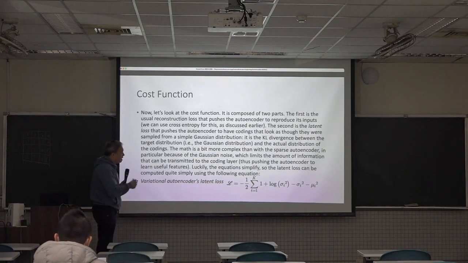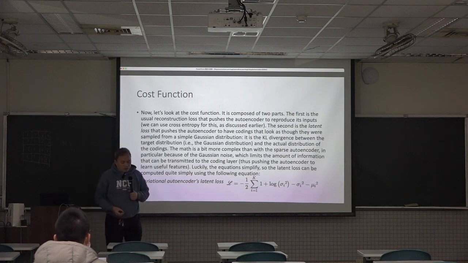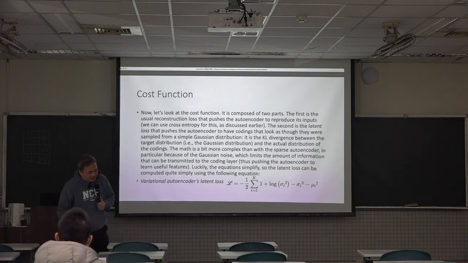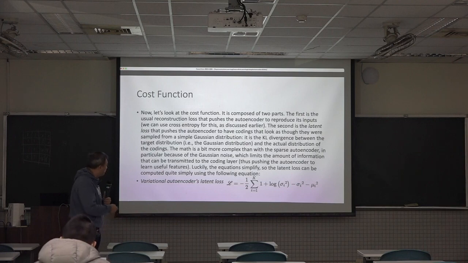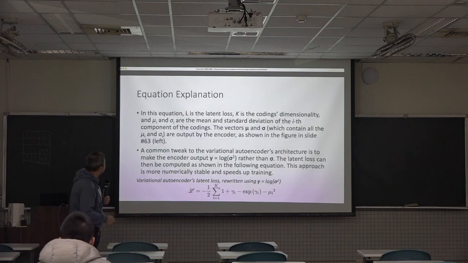I will not get into the mathematical detail here, but if you are interested in knowing more about this, you can check out chapter 9 and also perhaps some additional material for the mathematics behind that.